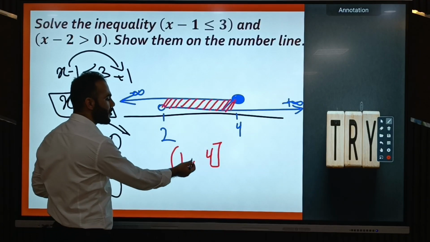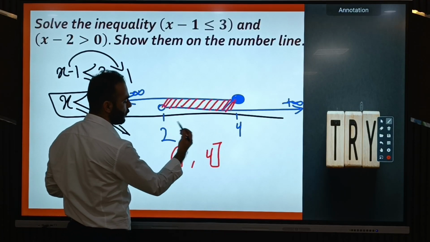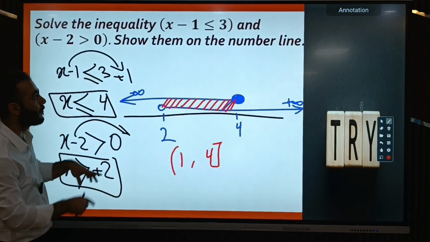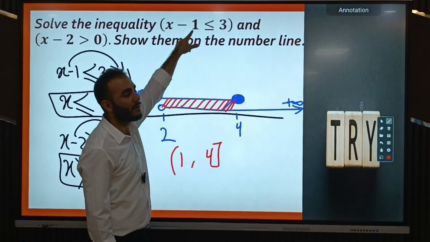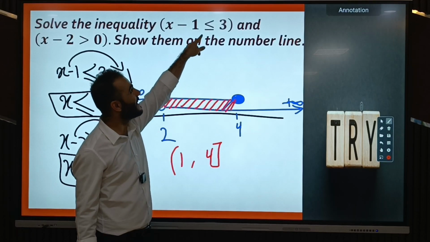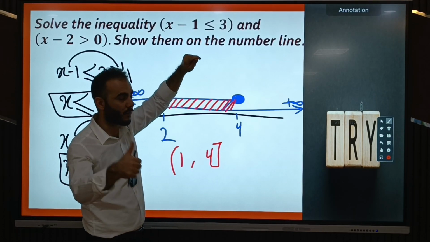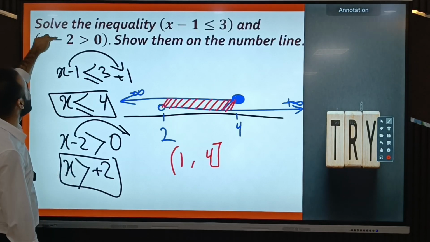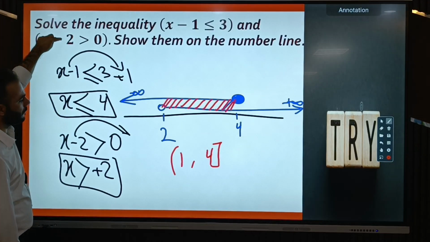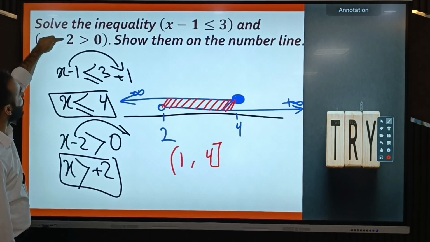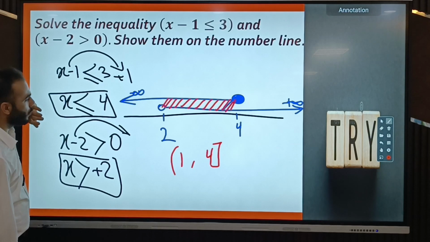For example, let's try 2. Okay, 2 must be true for both. So 2 minus 1, 1. 1 is less than 3, and it's correct. How about here? 2 minus 2.